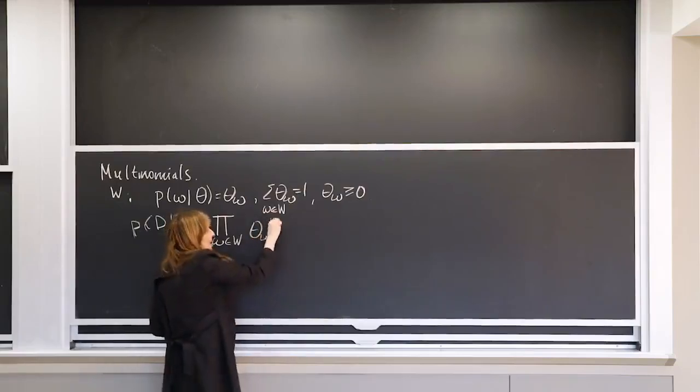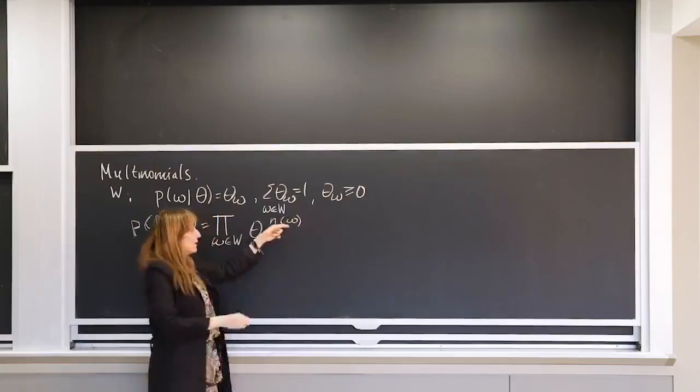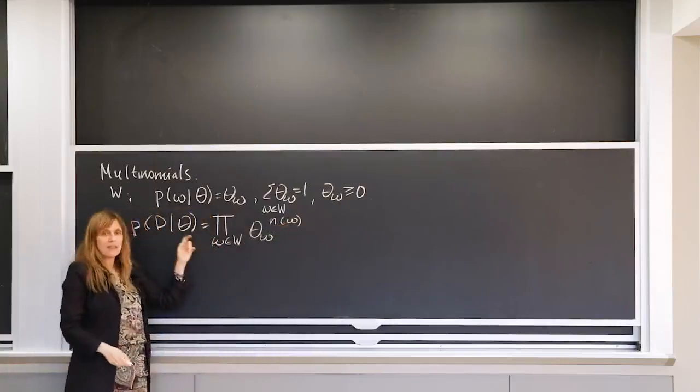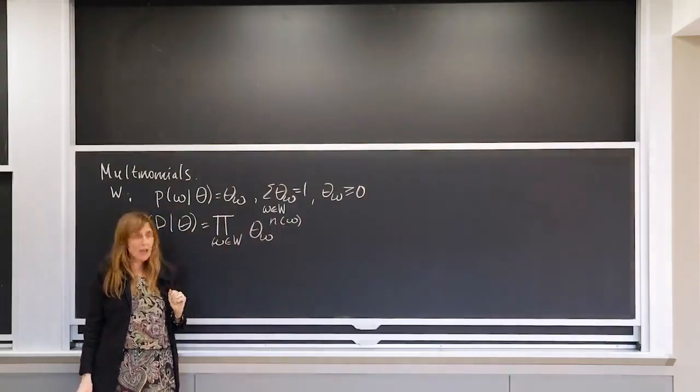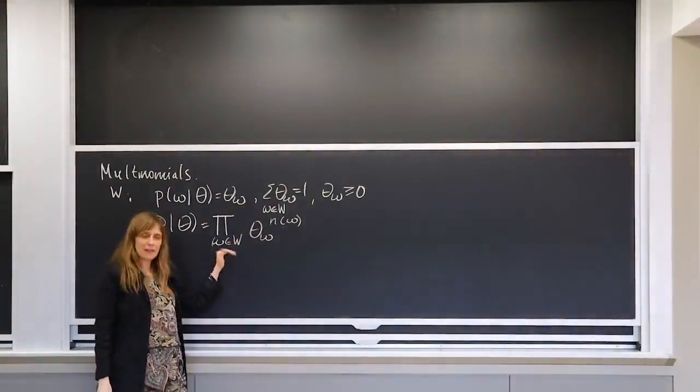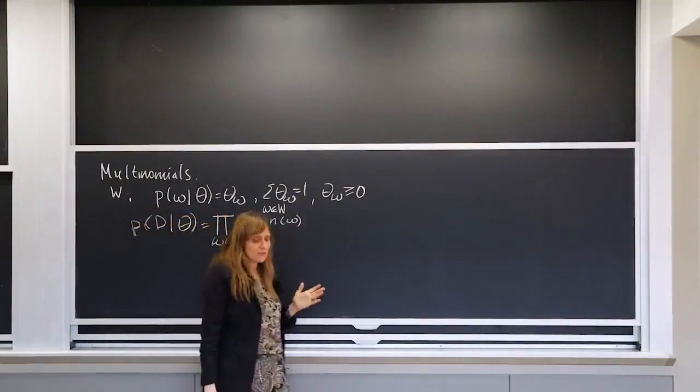So if this is the count of the word W in the document D, then this expression will give us the likelihood of the document. Okay? So this is one example of a distribution that we've seen.